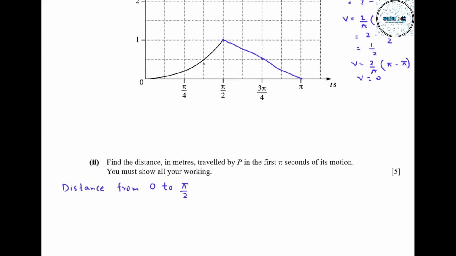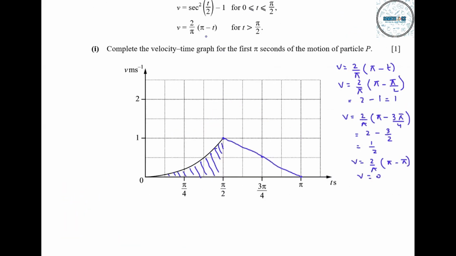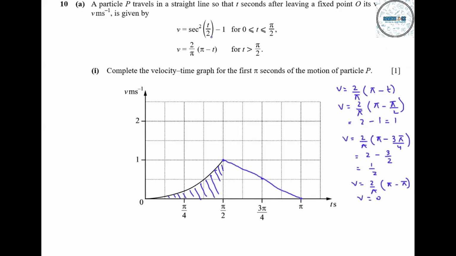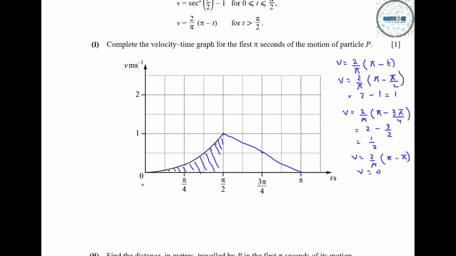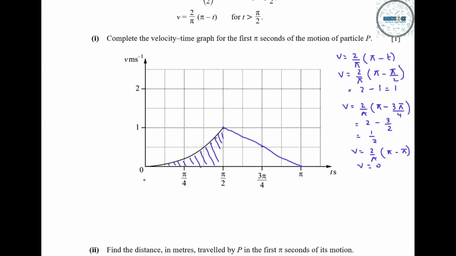Distance from 0 to pi upon 2 is the area under the curve, which we can find by integrating v is equal to sec square t upon 2 minus 1, and limits can be taken as 0 till pi upon 2. For the distance from pi upon 2 to pi, we can find the area of a triangle.